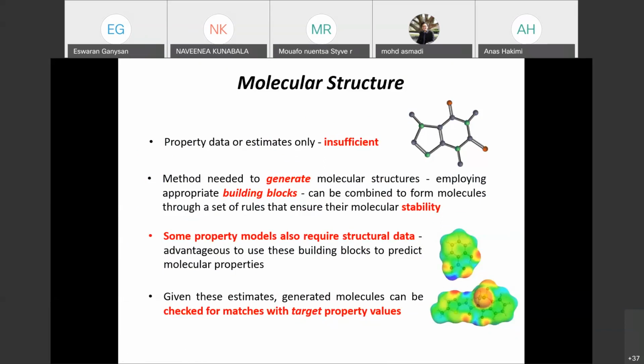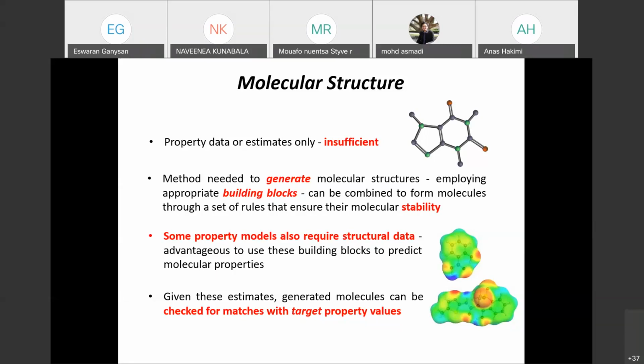By employing appropriate building blocks, they can be combined to form molecules through a set of rules that ensure their molecular stability. Some property models require structural data. The advantage of the building blocks is that they can predict molecular properties. The generated molecules must be checked so that they match the target property values.